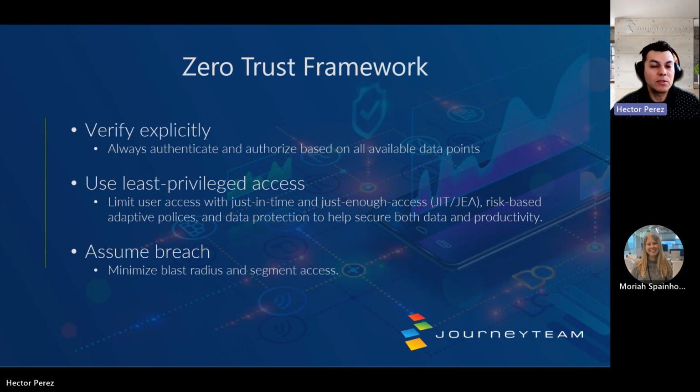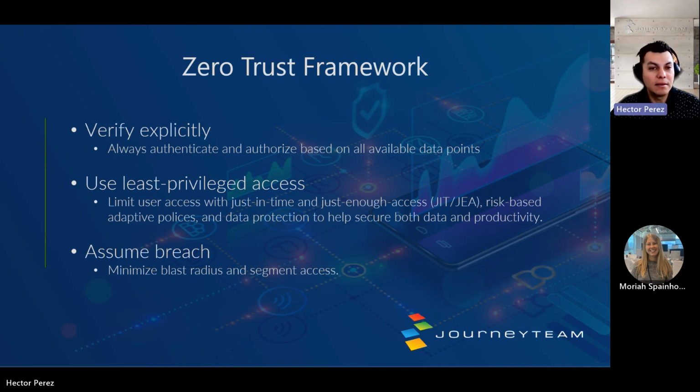The other thing is using risk-based adaptive policies and data protection overall to secure your environment. So we're looking at using technology provided by, in this case, Microsoft, technologies that are able to take into account the things that users are doing within an environment or at the time of authentication to flag users as risky and then take proactive measures to mitigate a situation where users get into that state.